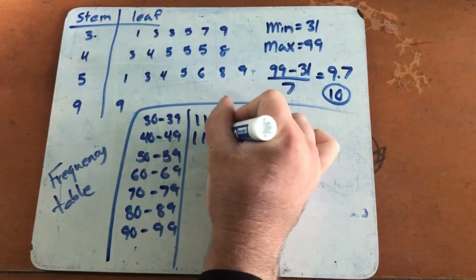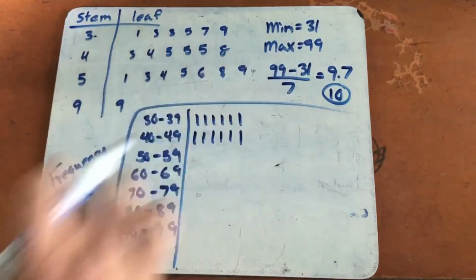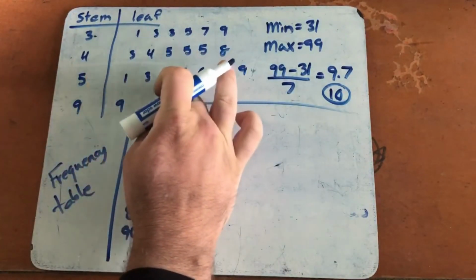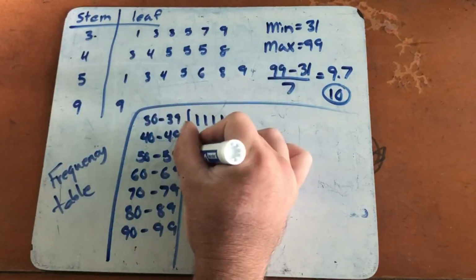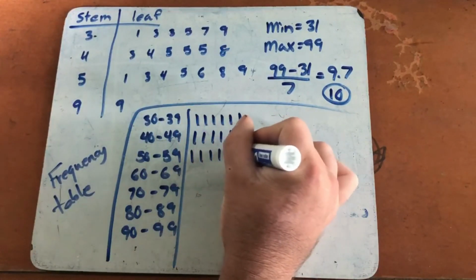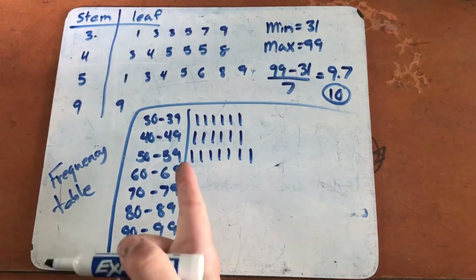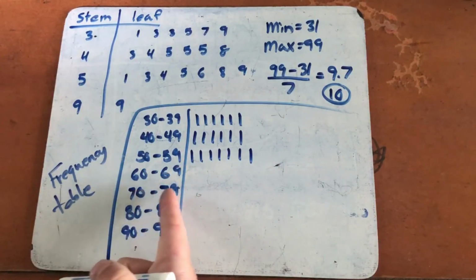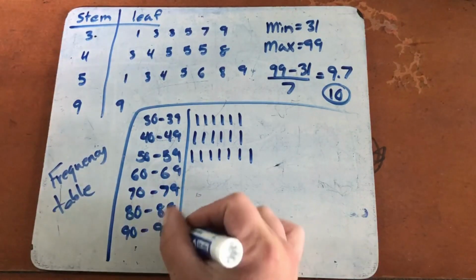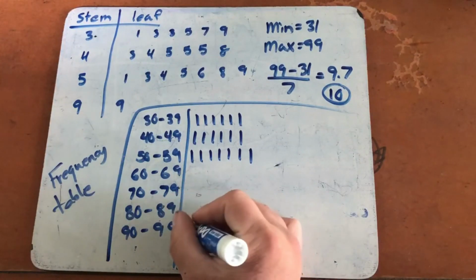For the 50s, there's 1, 2, 3, 4, 5, 6, 7. Here's where that 99 plays a big factor in what my histogram looks like. With the 99 there, I have nothing from 60 to 69, 70 to 79, 80 to 89, and I have 1 between 90 and 99.